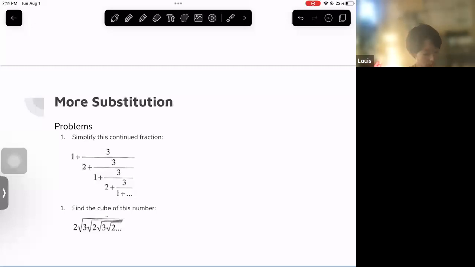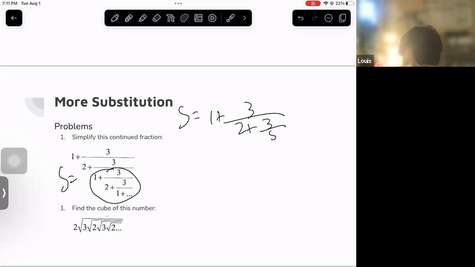So for the first one, suppose that this is S, then we have that this is also S. So S would equal 1 plus 3 over (2 plus 3 over S).